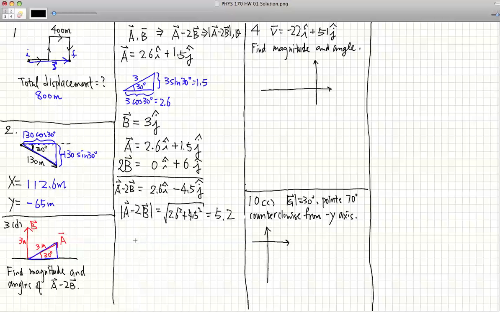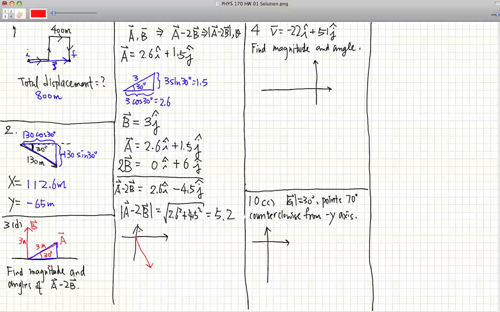As for the angle, you need to think a little bit. The first thing you want to do is draw a picture. Let me use a red pen. It should go something like this: 2.6 steps to the right and then minus 4.5j.